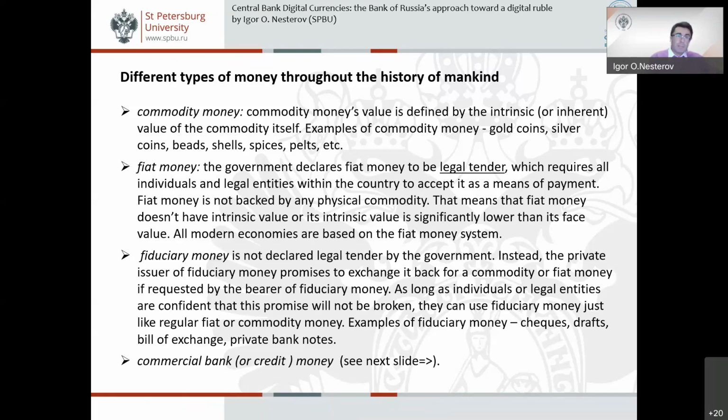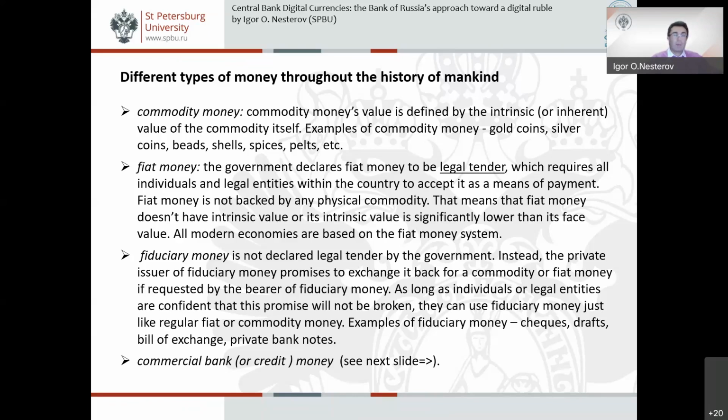But today, in the nowadays economic system, we use fiat money. Fiat money is quite different from commodity money, because fiat money gets its value from a government order. The Latin word fiat means let it be done. It is used in the sense of order or decree or resolution.